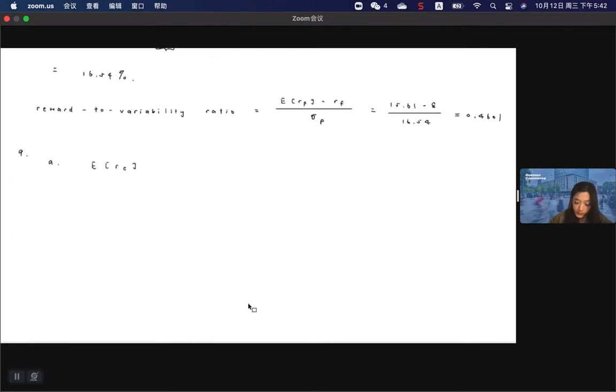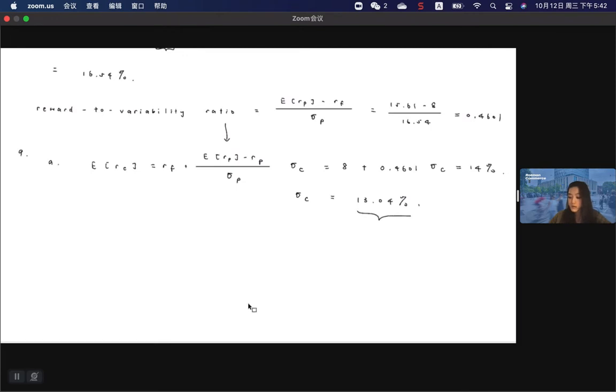So the return on your portfolio would be RF plus this ratio, this whole thing, times the standard deviation of your portfolio, which equals the risk-free rate of 8% plus 0.4601 times the standard deviation, and you want to set this equal to your expected return. And back out the standard deviation of your portfolio, it should be 13.04%. So you have to take this much risk in order to achieve a return of 14%.